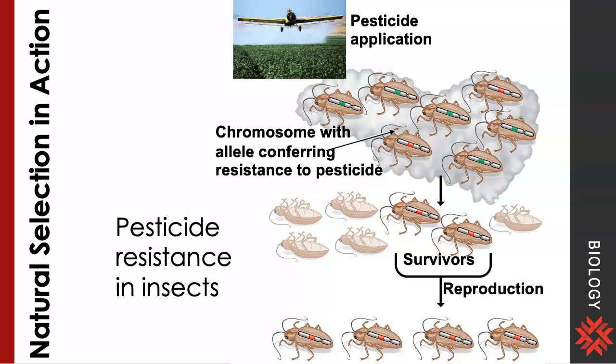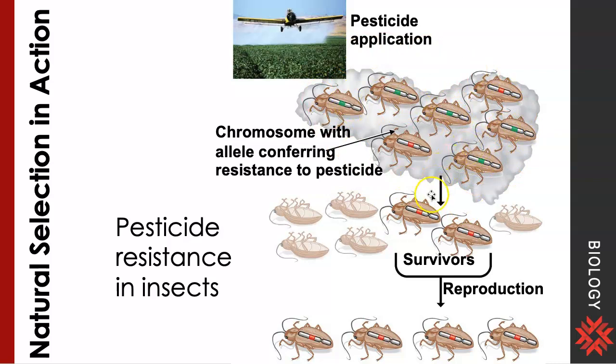All right, well, let's look at a more realistic example of natural selection in action. So here, this is showing pesticide resistance in insects. We've got our population of pests here, and we've got our DNA shown here. In green, we have one allele. In red, we have another allele. This red allele actually makes this bug resistant to pesticides. So when you have a small amount of pesticides, of poison sprayed on these pests, all of these guys with the green allele end up dying off.